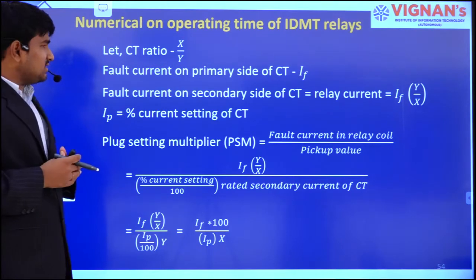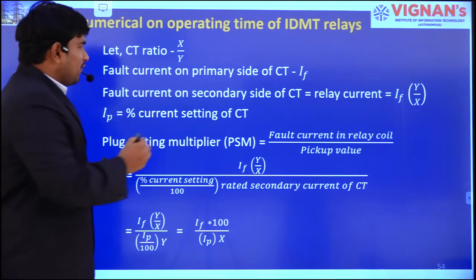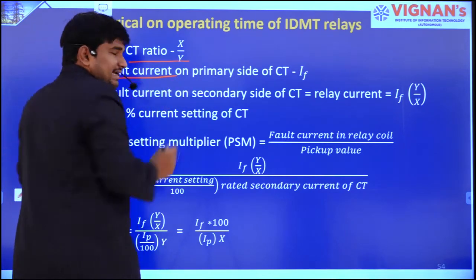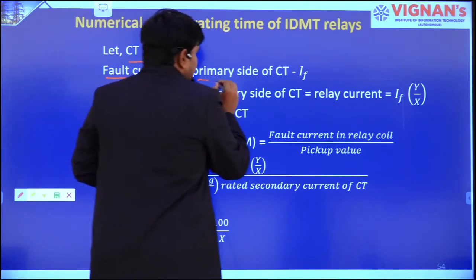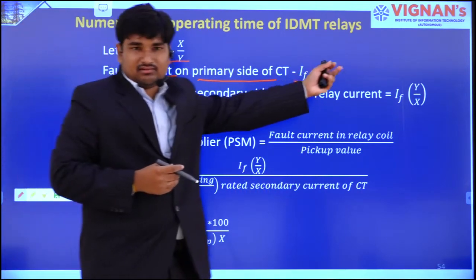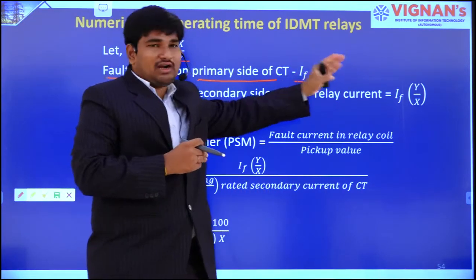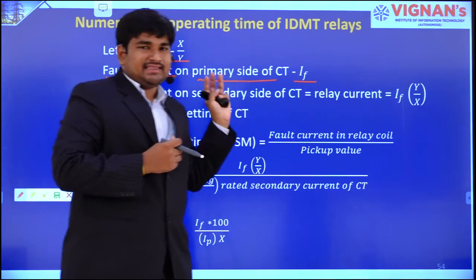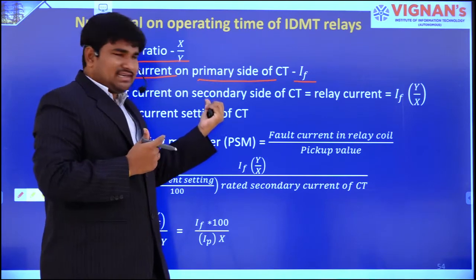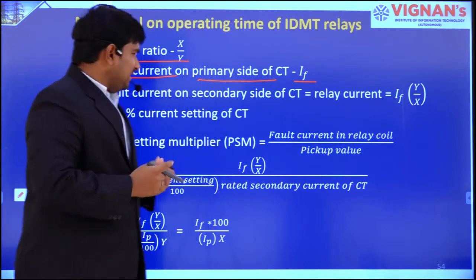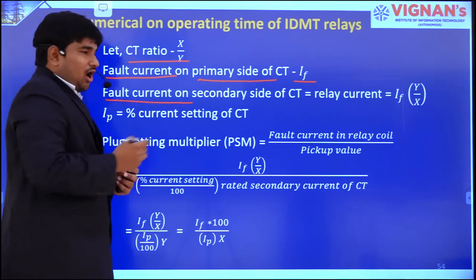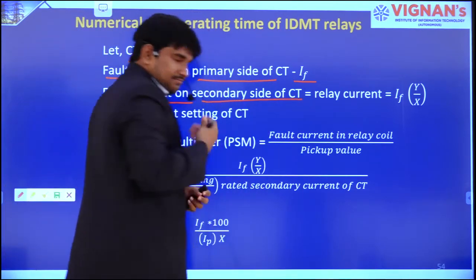And the second one is, what is the amount of fault current flowing through the primary side of the CT? I said earlier, I could sense the fault current, and then only I will get the relay current. Now let us observe the fault current on the secondary side of the relay CT.